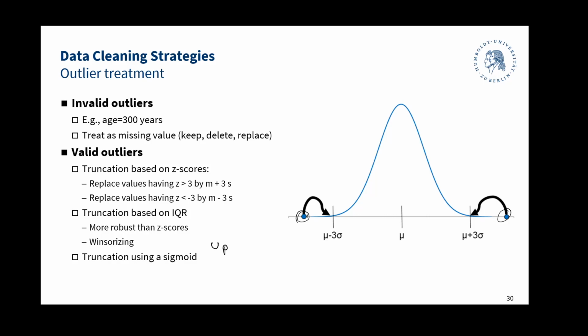Let's say we have an upper outlier, some very large age value, and then we replace that with Q3 of age, so the third quartile of the age distribution, plus, since it's an upper outlier, 1.5 times the interquartile range.